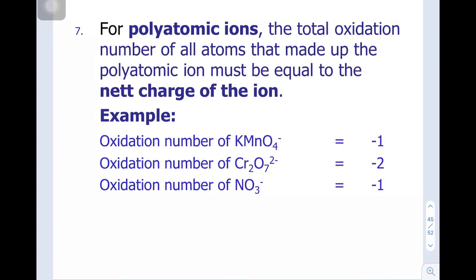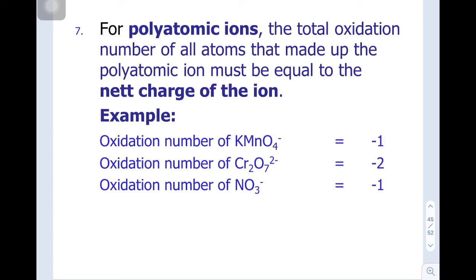However, if we have polyatomic ions, the total oxidation number of all atoms that make up that polyatomic ion must be equal to the net charge of the ion. For example, if we have MnO4 minus, the oxidation number of Mn plus the 4 oxygen is supposed to be equal to its charge, which is -1.